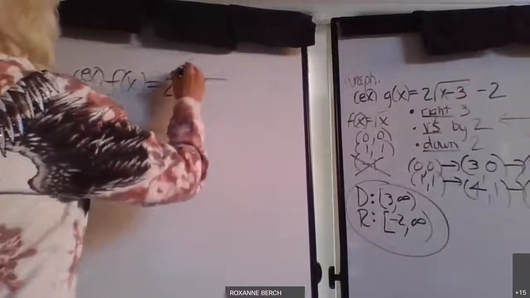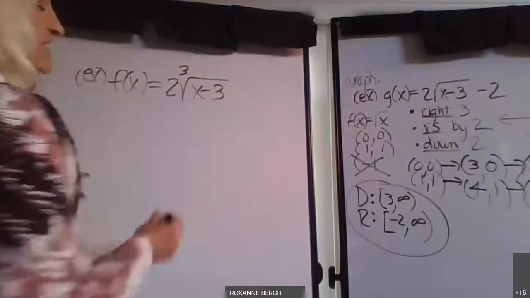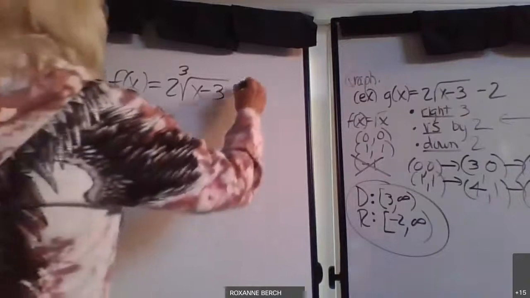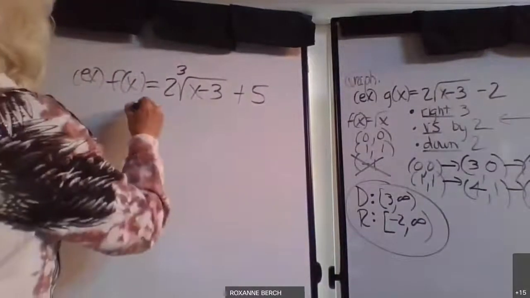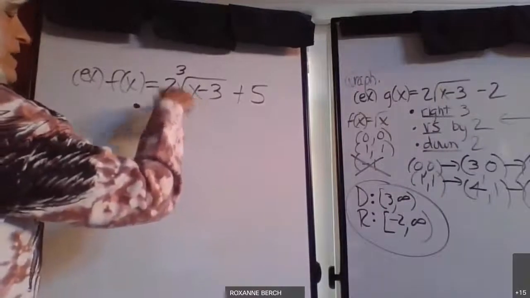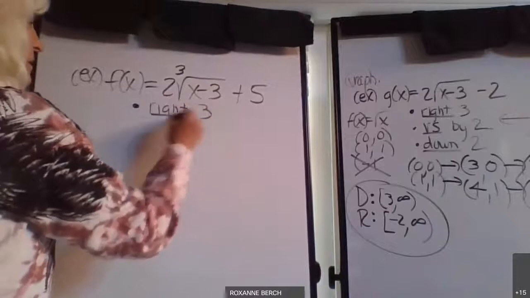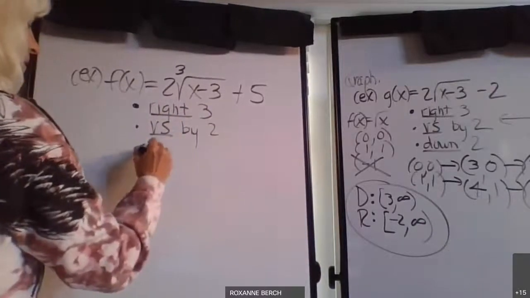It's the cube root of x minus 3, which is the inverse of the cubic. State the transformation. The transformation would be, this is the first form, right 3, vertical stretch by 2 and up 5.